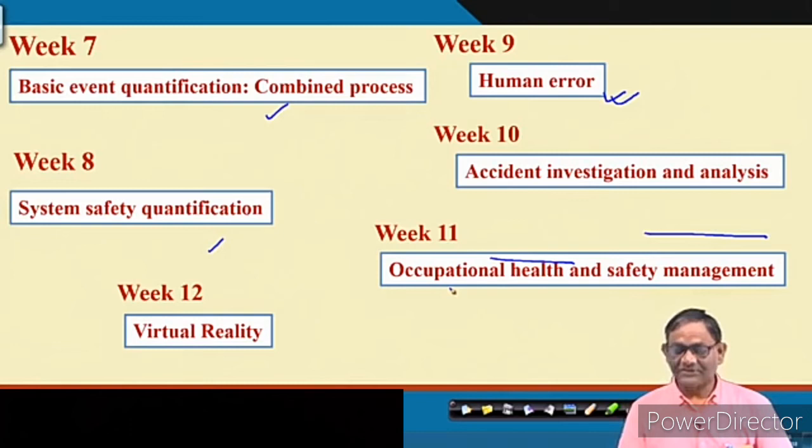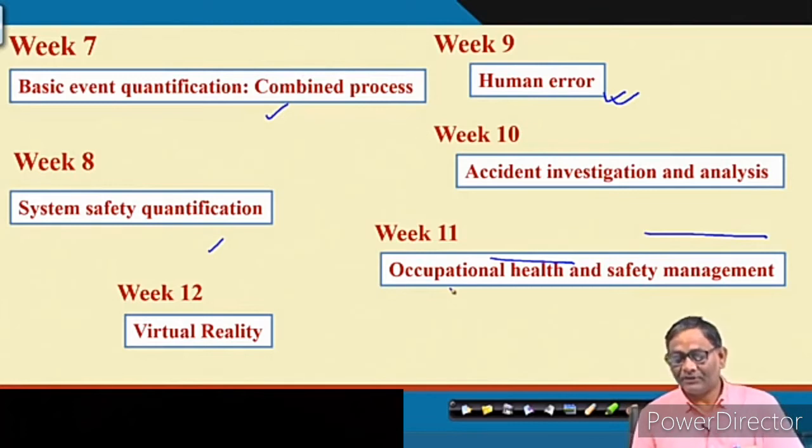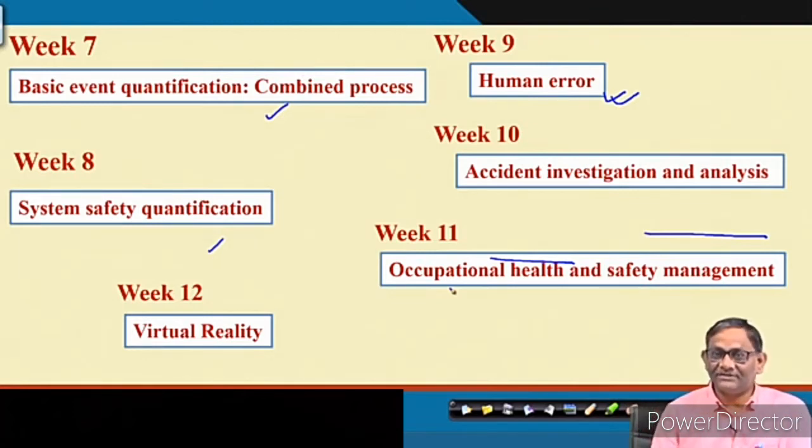In accident investigation, many times we analyze the investigation reports which are in text form, and you know that text analytics can be applied there, but we have not discussed text analytics. We have only discussed Excel-based data.